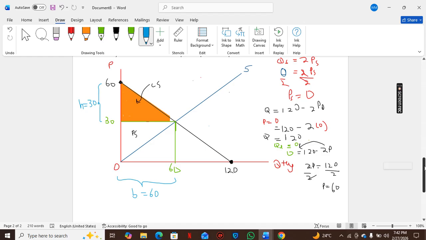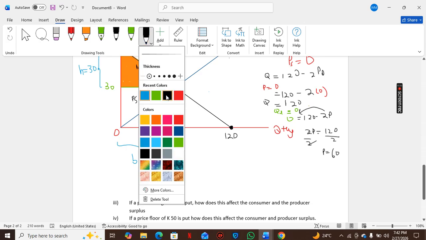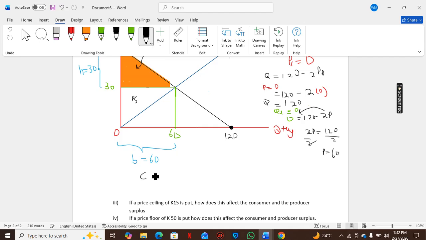So we now calculate for consumer surplus, CS. It's going to be half times B times H. So we're going to say half times the base, which is 60, times the height, which is 30.